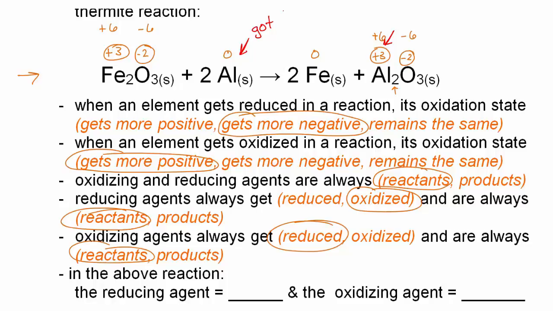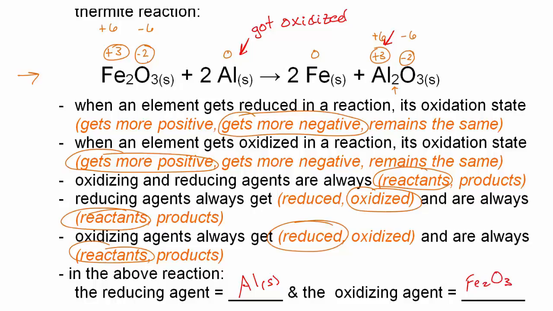But from 0 to positive 3, it got more positive, it got oxidized. So if it got oxidized, aluminum must be the reducing agent. The oxidizing agent has to be the other compound, but let's prove it.